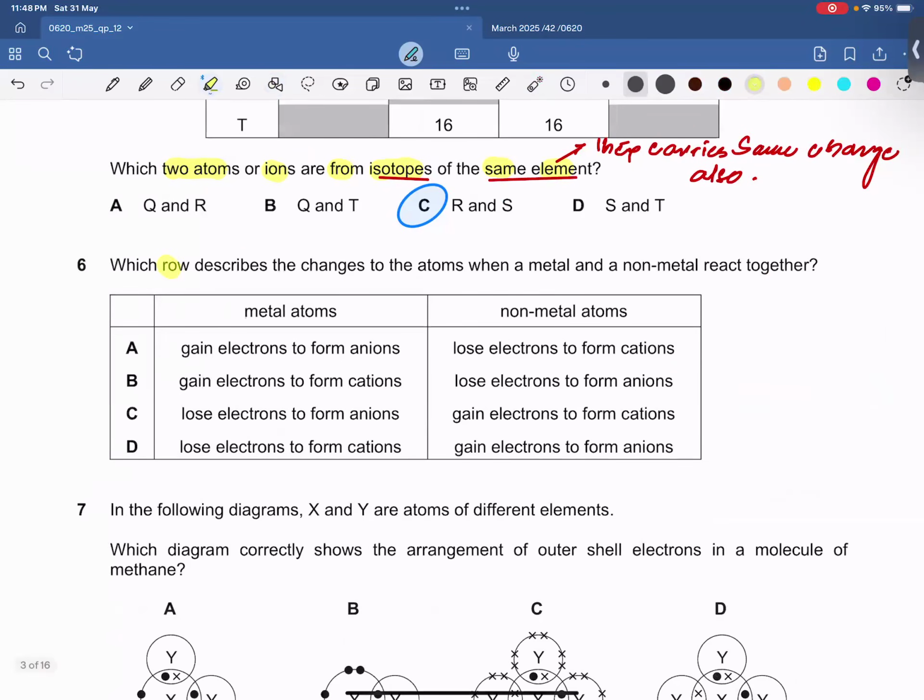Which row describes the changes to the atoms when a metal and a non-metal react together? By the way, when a metal and a non-metal react together, then always an ionic bond is formed.